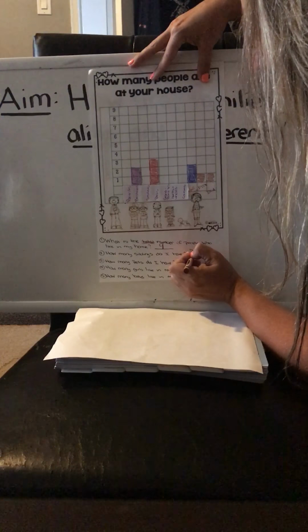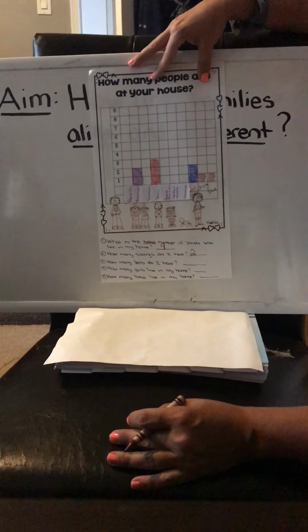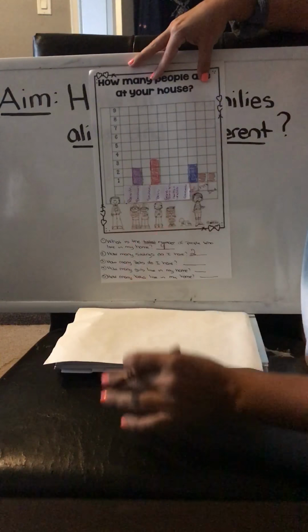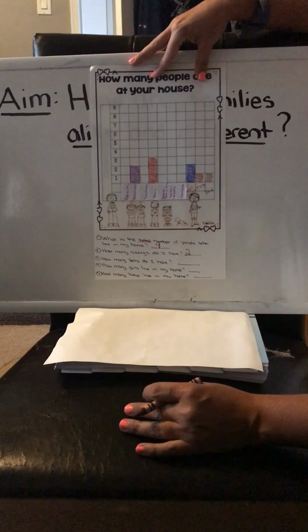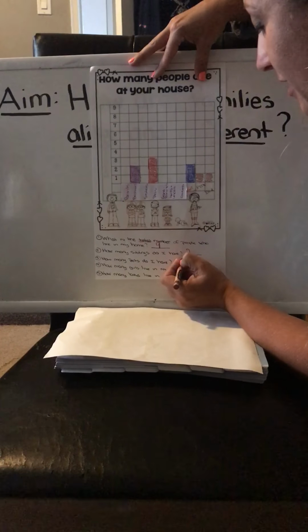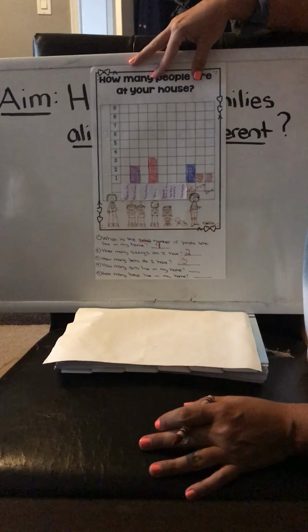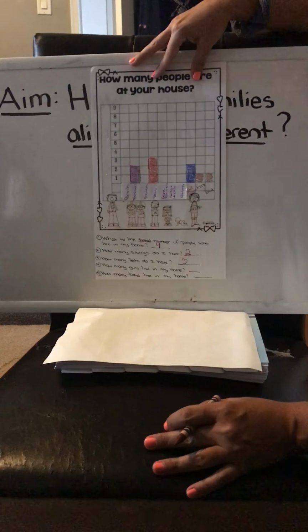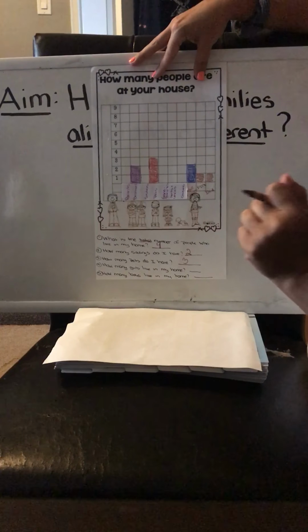I have 2. We just discussed this. Our next question, how many pets do I have? Who can tell me how many pets I have living with me? 3. Very good. Who can remember what kind of pets I have living with me? That's right. I have a dog, a cat, and a fish.